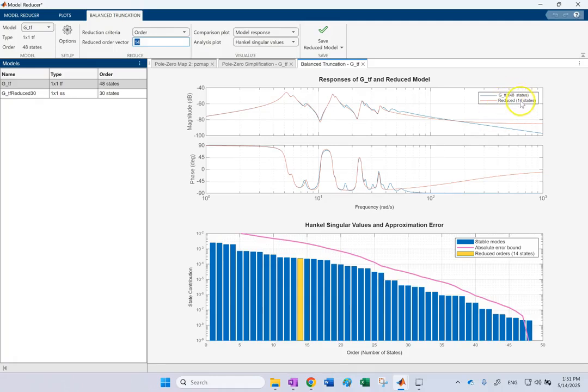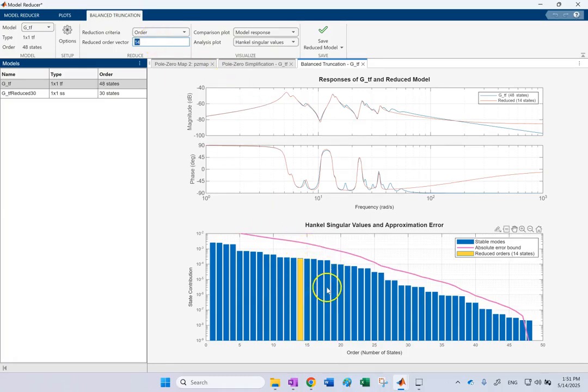And I can go from 48 to 14 because I here manually pick the states that contribute the most to the system dynamics. What does that mean? I'll tell you. But I literally pick the ones that I want. And MATLAB, by default, is suggesting something to me. It says, hey, this is good. But if you don't like it, well, say, no, I don't want that.